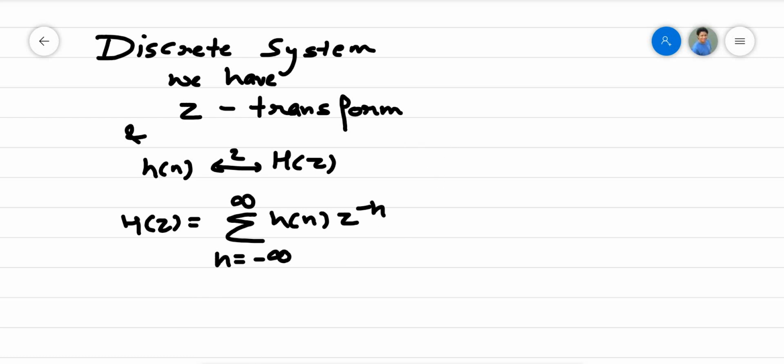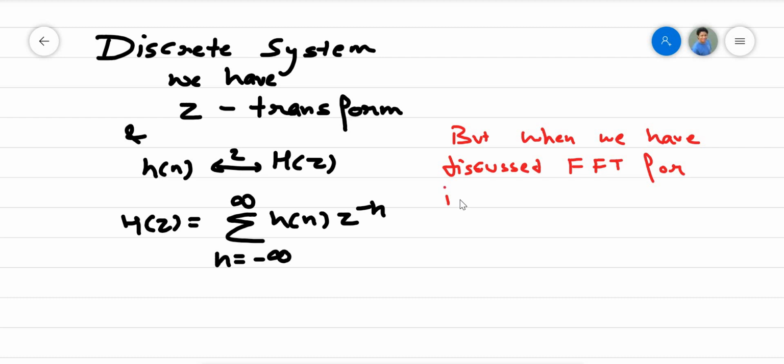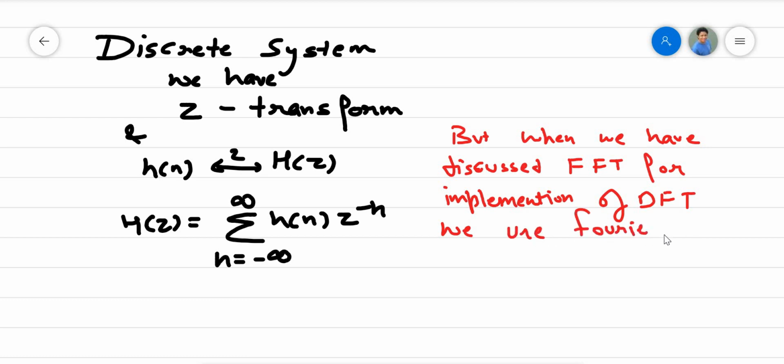But when we discussed FFT for implementation of DFT, we use Fourier transform for the system evaluation.